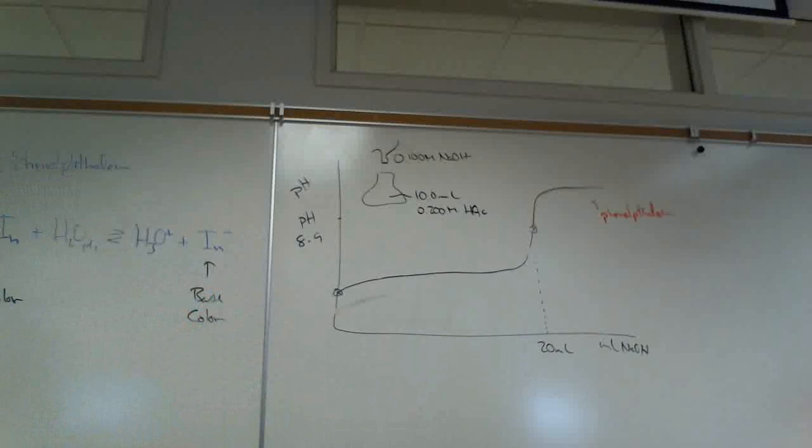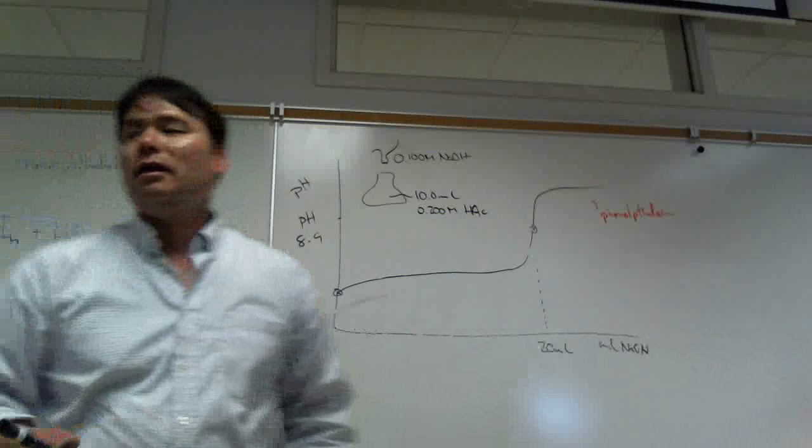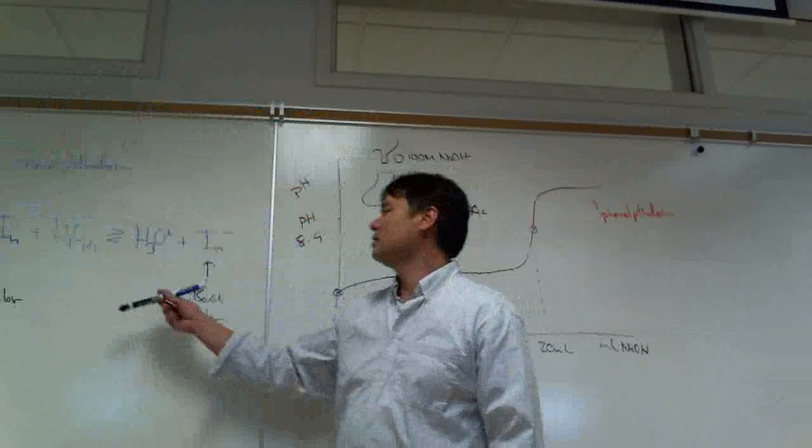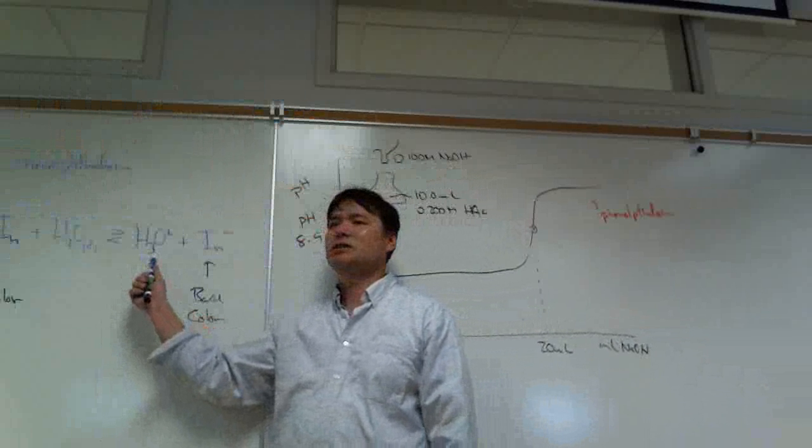And we can switch easily from acid color to base color and back and forth like a seesaw by using Le Chatelier's principle. In other words, how can we do this? All we do is we adjust the pH.